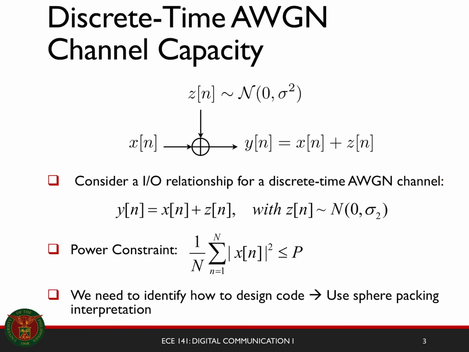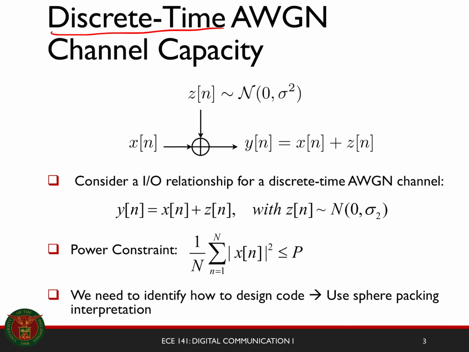Let's first review how errors come about in our communication systems. Consider this discrete-time model of an additive white Gaussian noise channel.